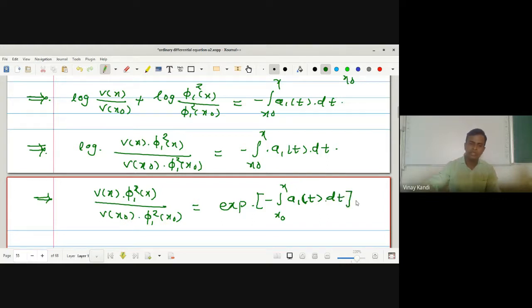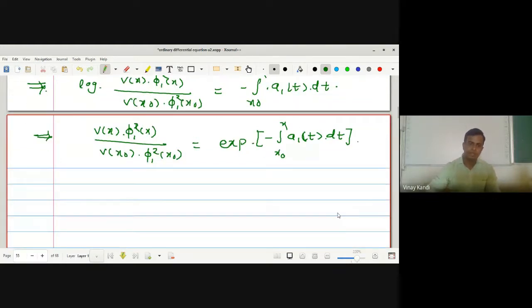Any doubt up to here? But x naught and x is the particular point in between what? X naught is the point in the interval I. So here we put v of x naught into phi1 square of x naught.